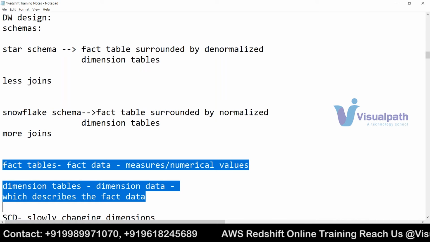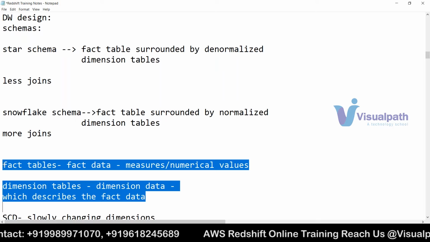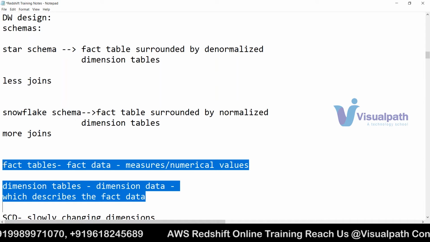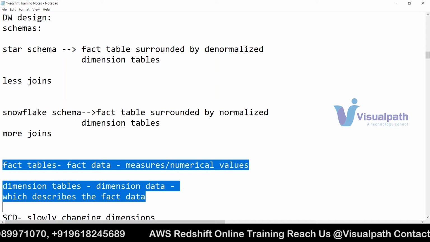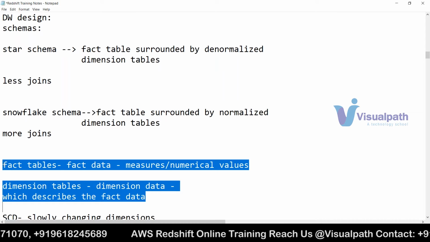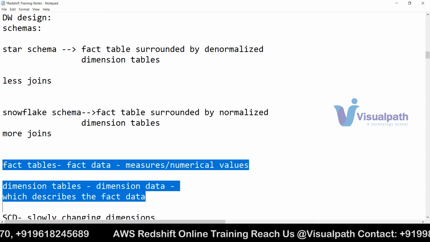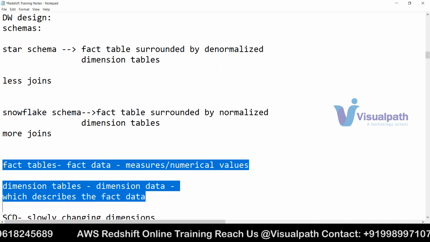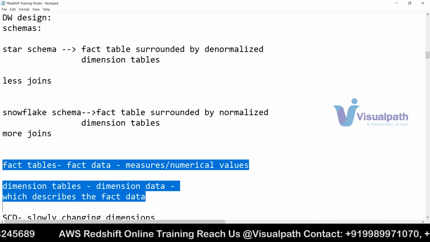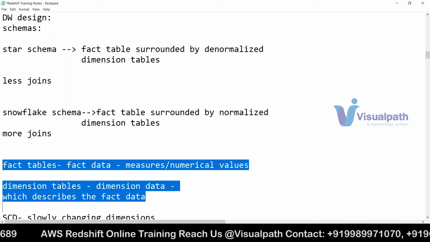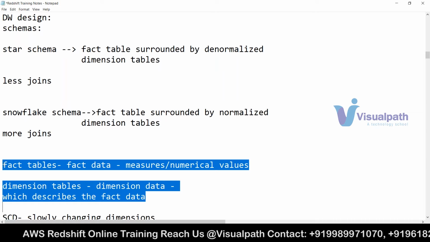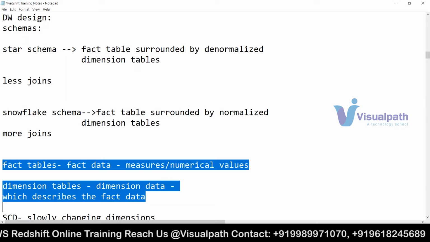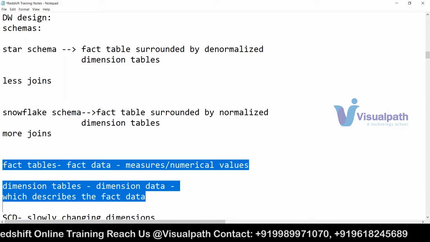The dimension table will talk about product description, product color, brand, manufacturer name, item sold, date. These items will be held by the dimension table. This kind of descriptive data will not be there in the fact table, because the fact table holds only measures or numerical values. All the things that describe the fact table will be held by the dimension tables.